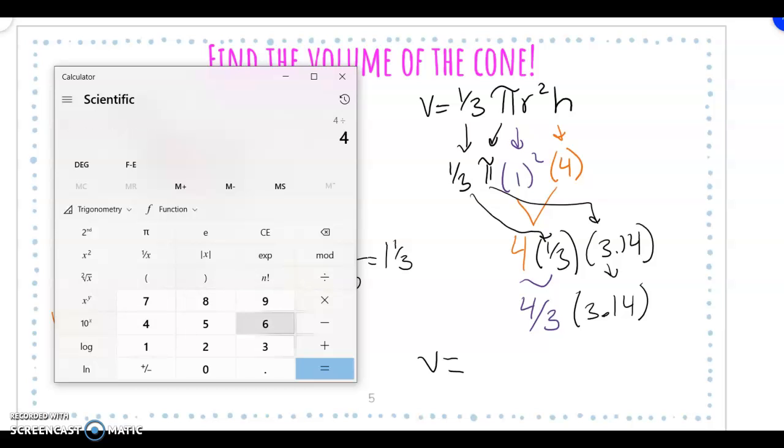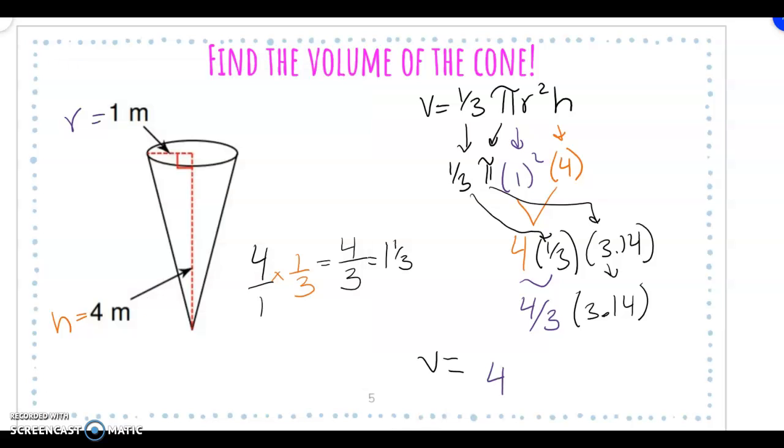So 4 divided by 3 times 3.14. I'm going to get 4.186 repeating. And if I wanted to round to the 10th place here, this 8 would make this 1 turn into a 2. So I have 4.2 meters cubed.